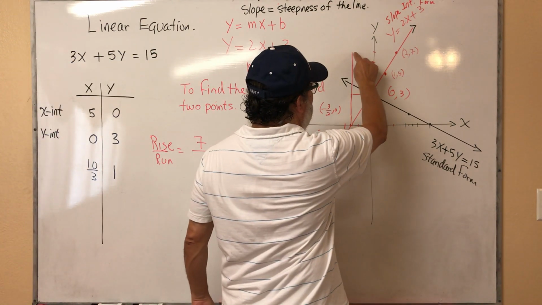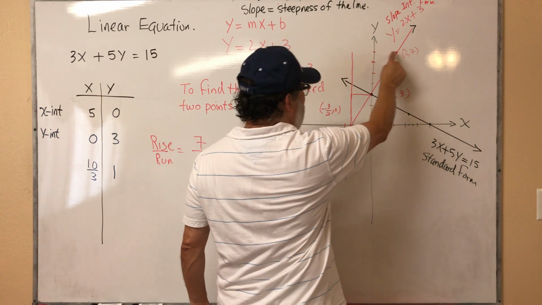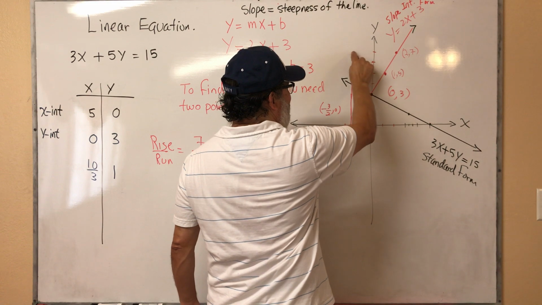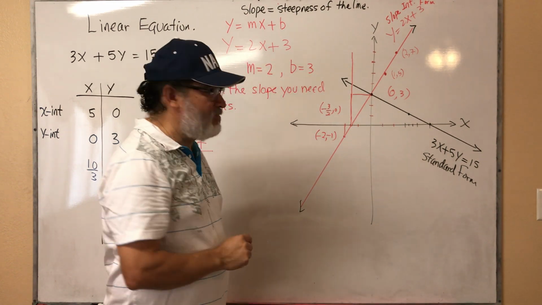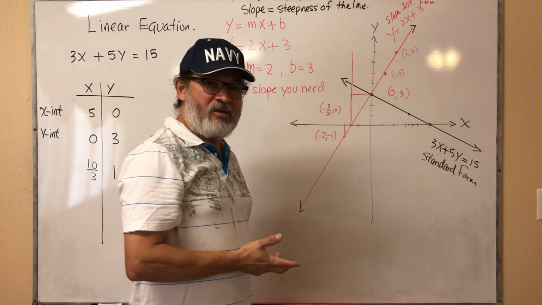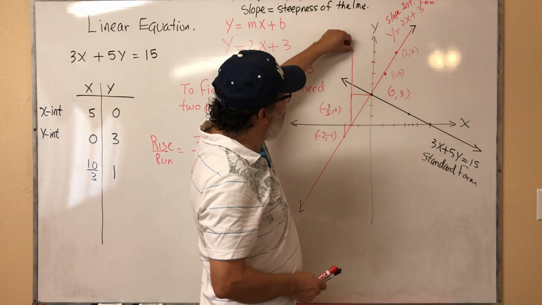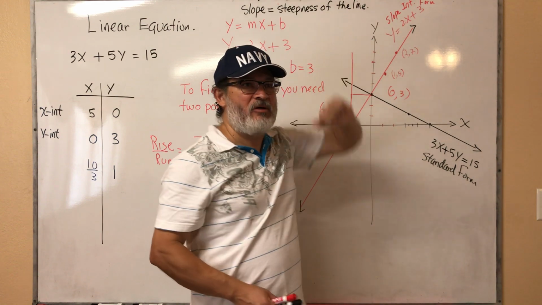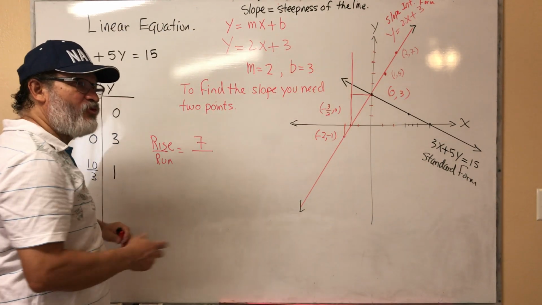The run is from here all the way up to there. Well, what's from here to there? That's 1.5. And what's from here to there? That's 2. So what's the run from here to there? 1.5 plus 2. What's 1.5 plus 2? 3.5.